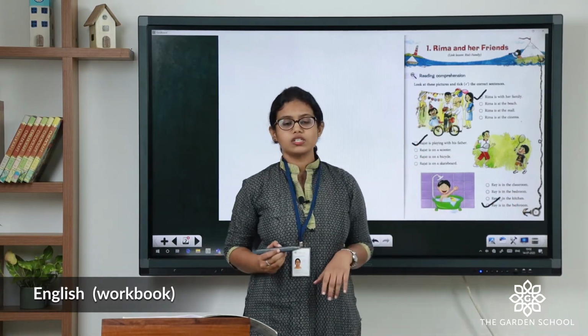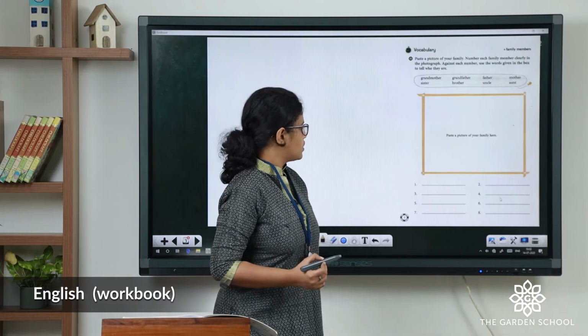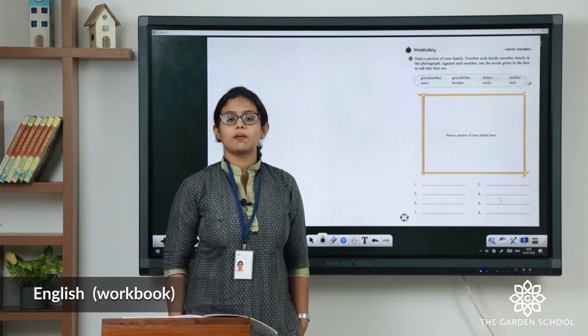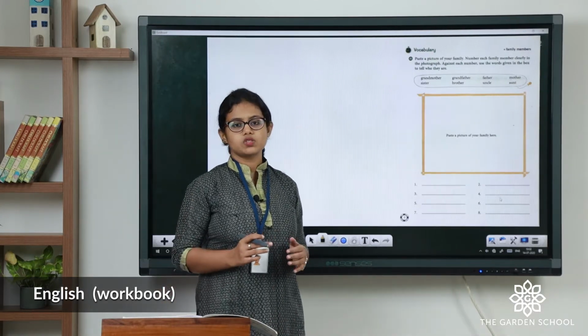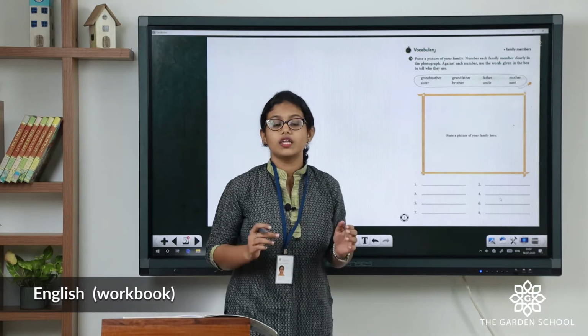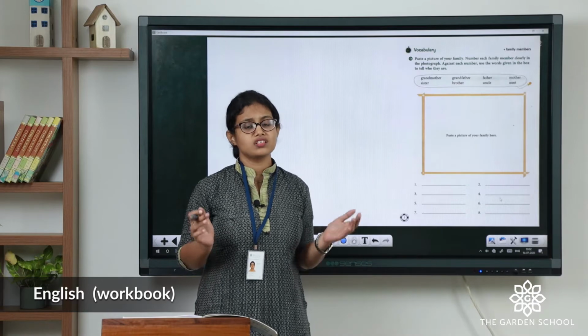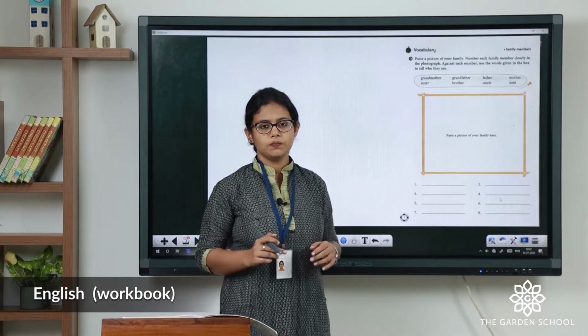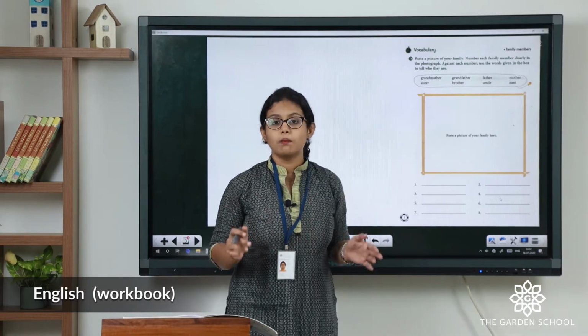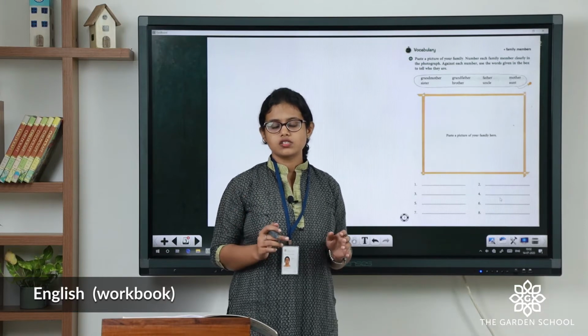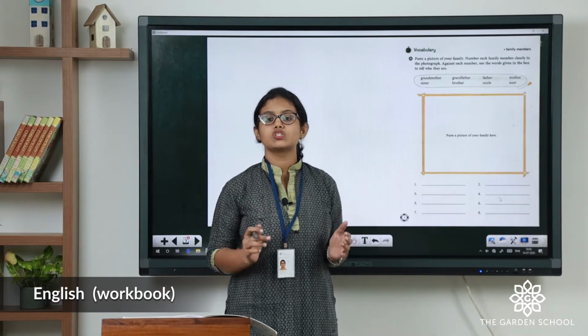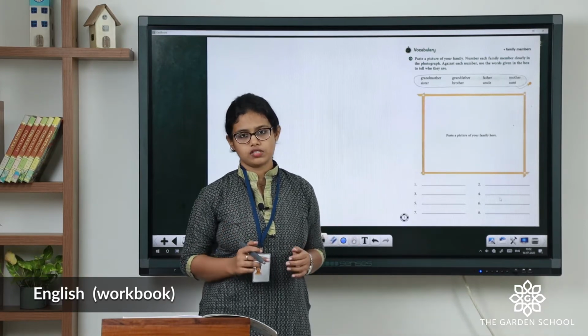Now let's move on to the next exercise. So you can take page number 2. In page number 2, here you can see the names of the family members. Father, mother, grandfather, grandmother, aunt, uncle. And below that, you can see a box. What you have to do is, you can paste the pictures of your family members.